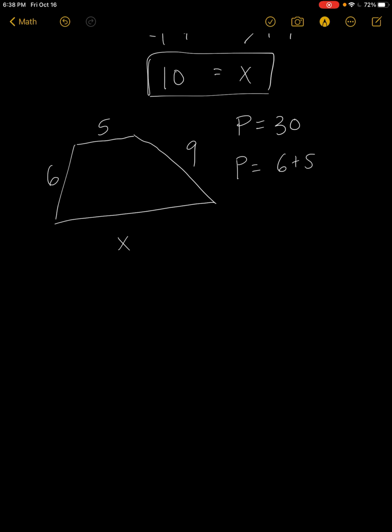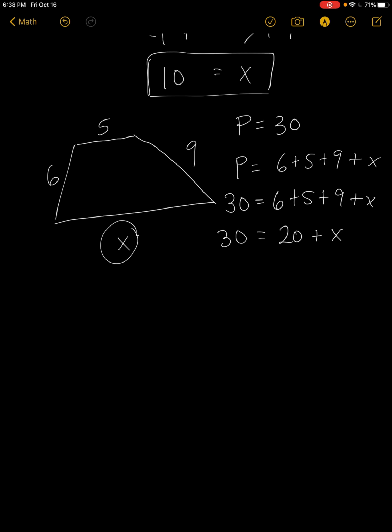So 6 plus 5 plus 9 plus x. We're trying to solve for this one. They gave us the perimeter. 6 plus 5 is 11, plus 9 is 20. I want to solve for x, so I want to get rid of this 20. So x equals 10. So the length of the side is 10.